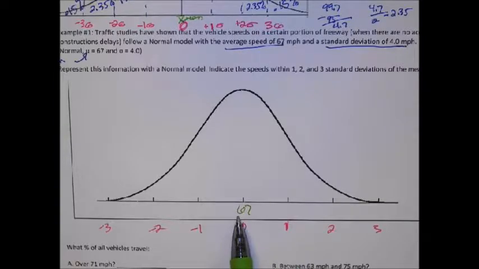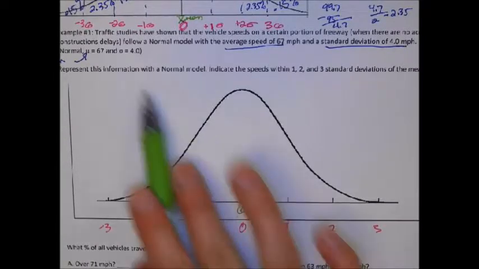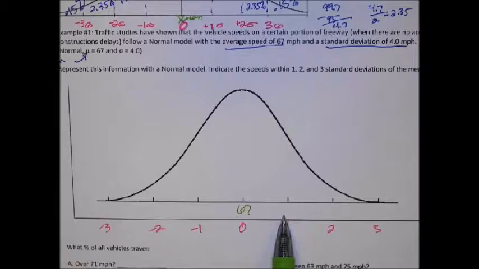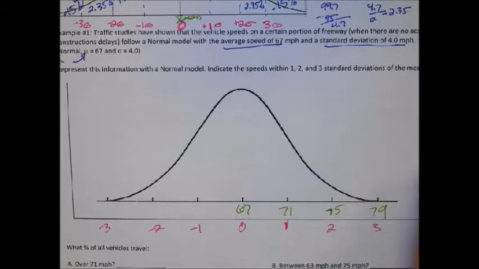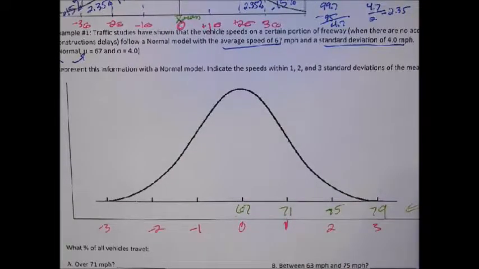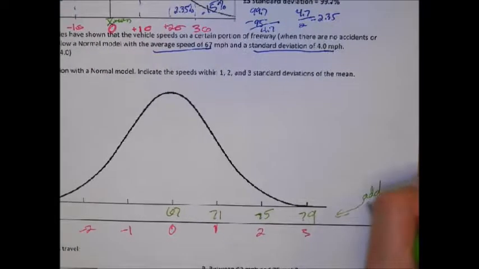So 67, what's our standard deviation? 4. So 67 plus 4 is 71. If I add another standard deviation, I'm at 75. And if I add another one, I'm at 79. So we found these numbers by adding sigma to the mean.